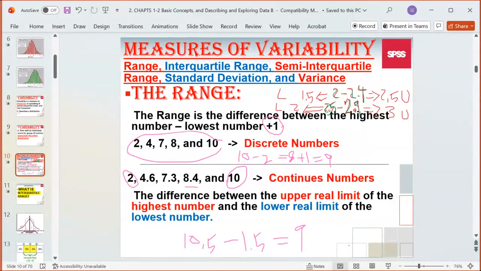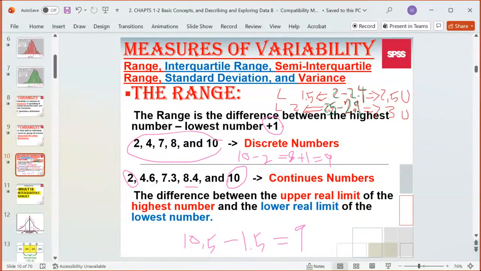So the difference, for example, at the bottom again, if the highest number is 10, the upper real limit of 10 will be 10.5. And the lowest number is 2. The lower real limit of the lowest number, which is 2, is 1.5. So the difference will be 9: 10.5 minus 1.5. Keep in mind, if you use the bottom technique, there is no plus 1.